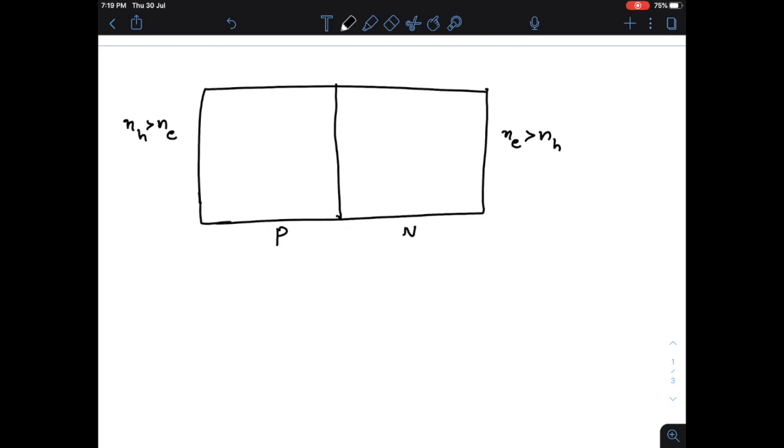Now in p-type what do we have? We have acceptor ions which are negative ions. So these are the acceptor atoms, ionized acceptors, and you will have holes, they accept. So you have holes which are majority.